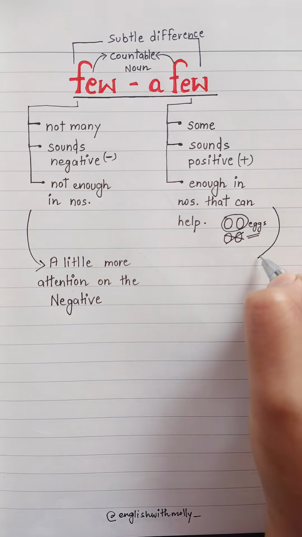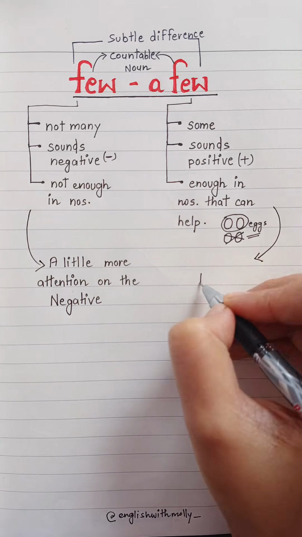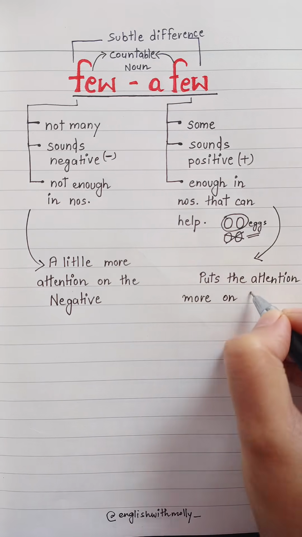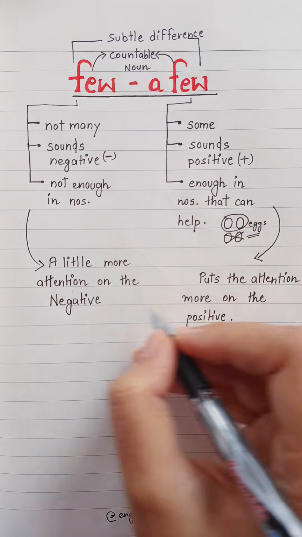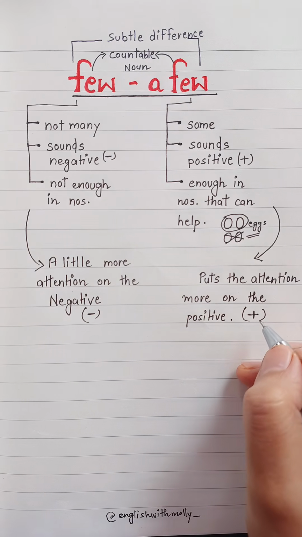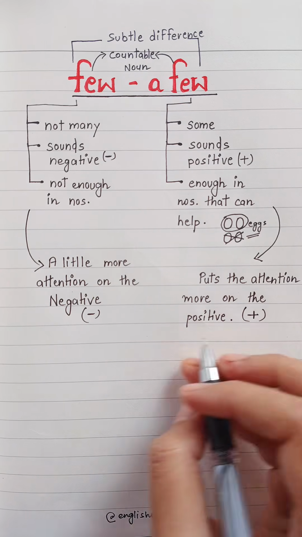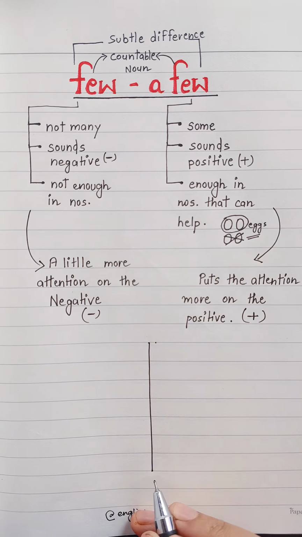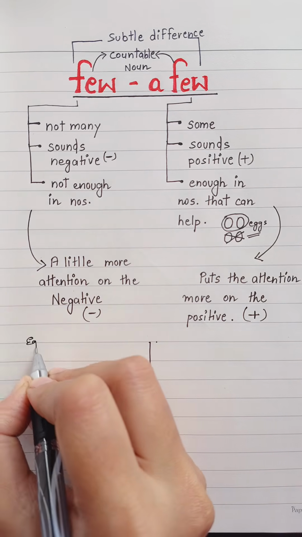On the other hand, a few puts the attention more on the positive. Negative, positive. Now let's see some examples. Let me first draw a line and I'm going to give you some amazing examples.